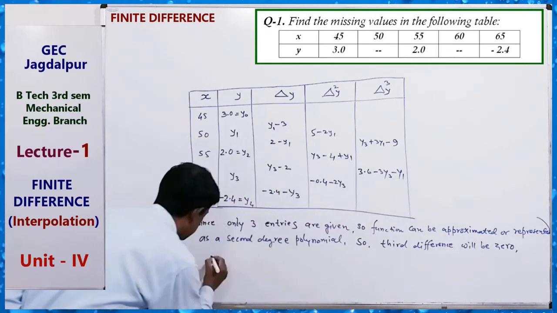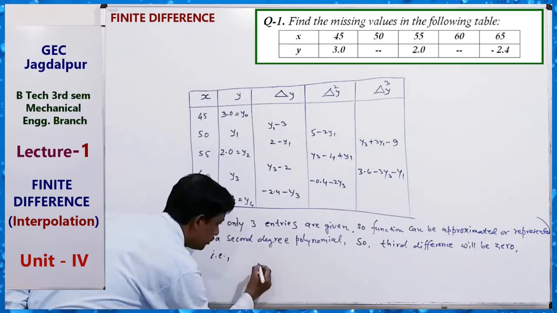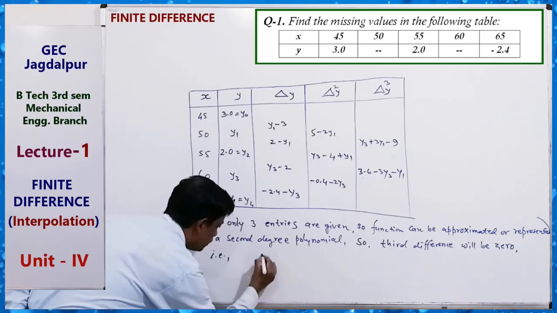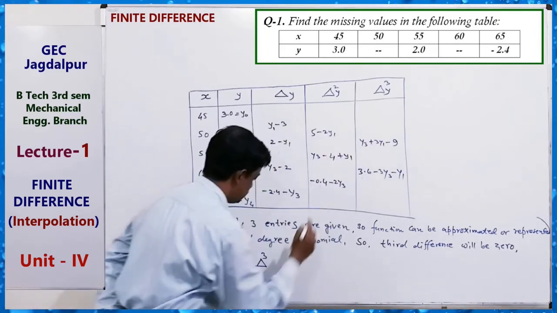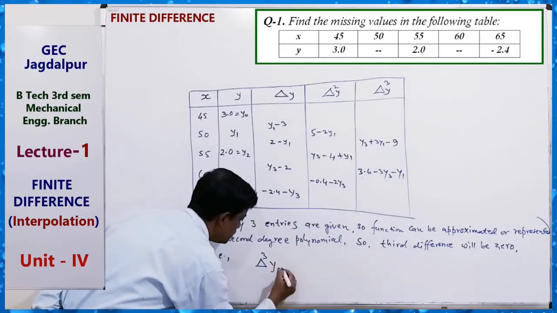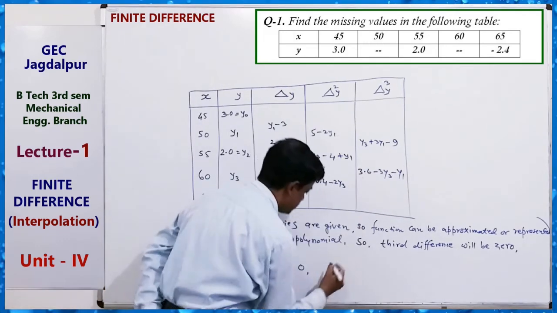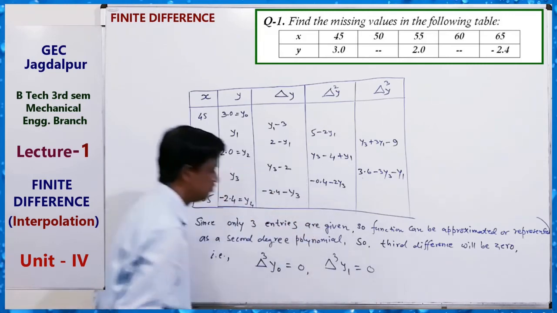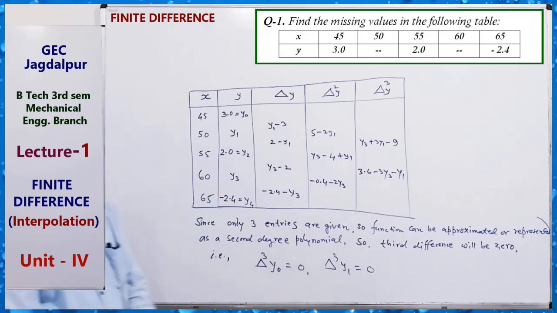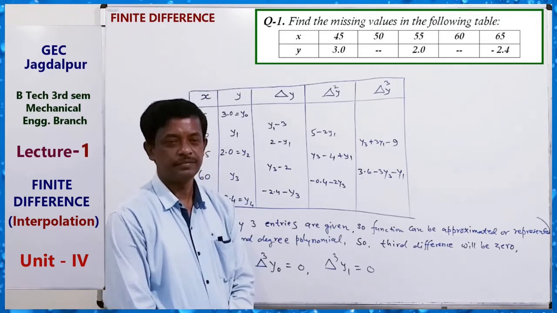That is, third difference y0 equals 0. Also, third difference y1 equals 0. Clear?